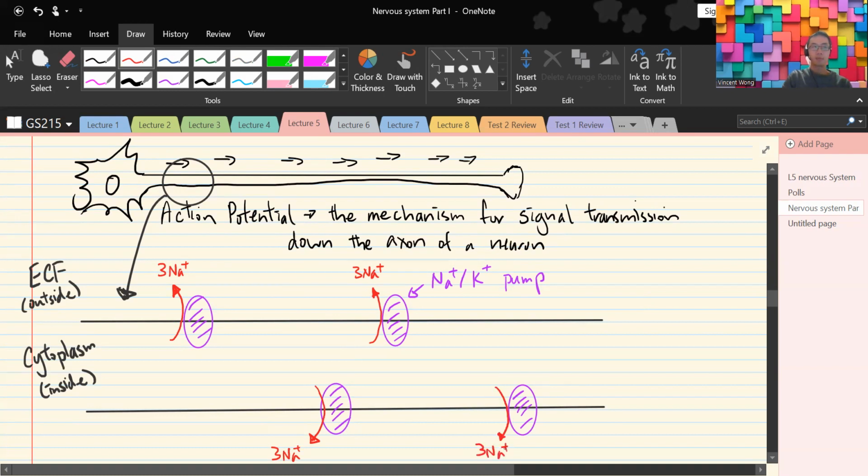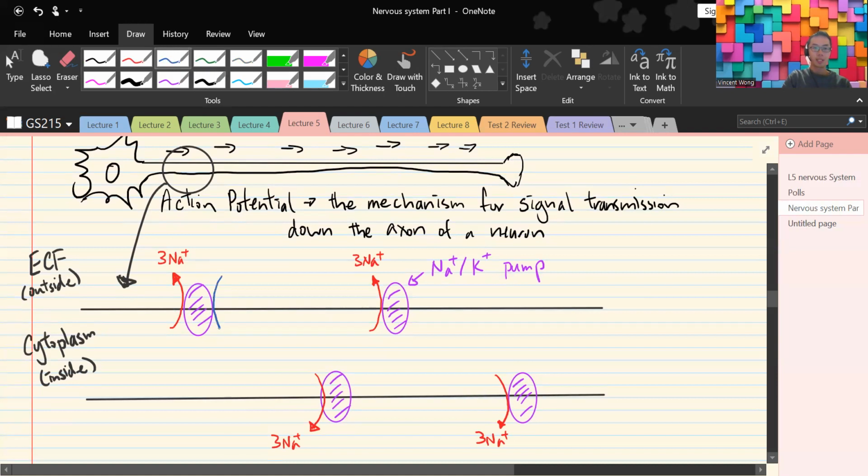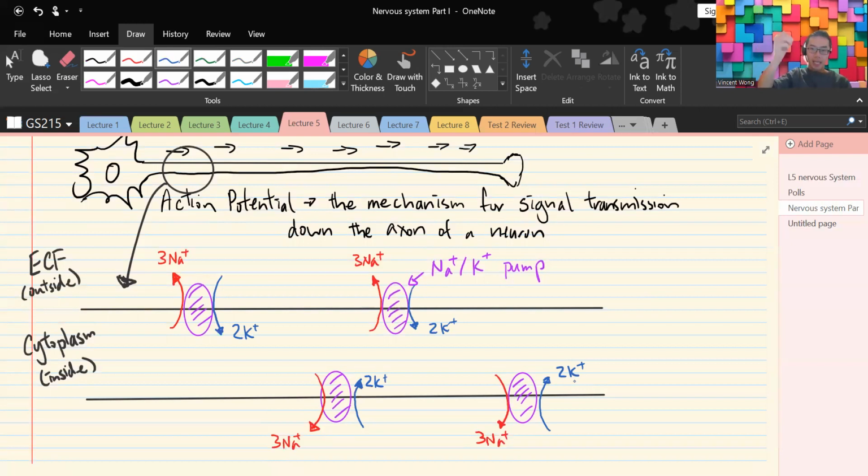How many? 2. That's right, 2 potassium in. So that's the job of the sodium potassium pump. It keeps on pumping 3 sodium out in exchange for 2 potassium in.